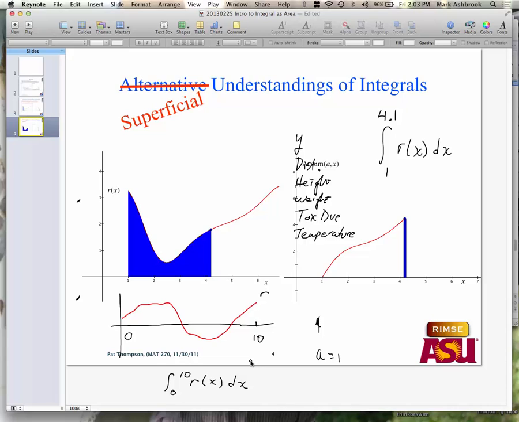So thinking about that in terms of area, what would this mean in terms of area? There's area there, between the curve and the x-axis. So does that integral from 0 to 10 calculate the sum of those three areas?